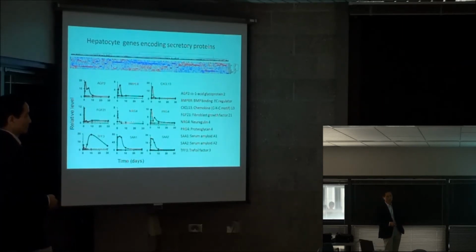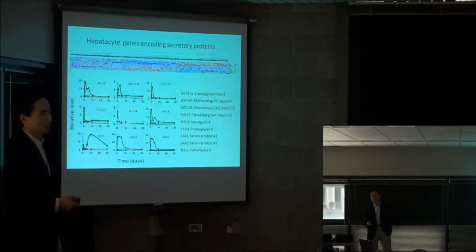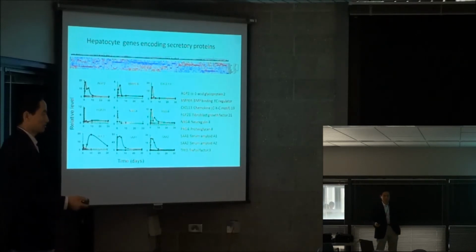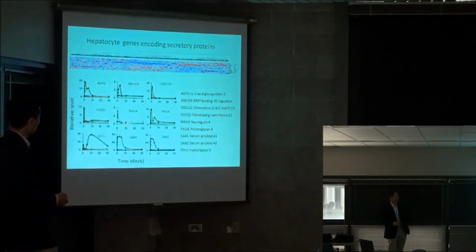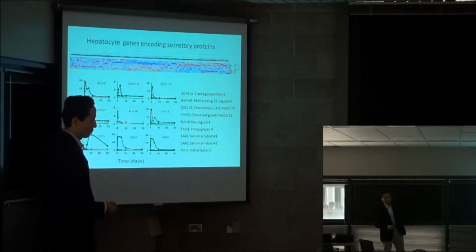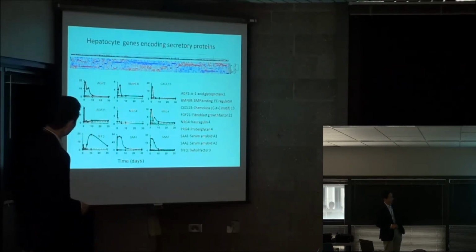The function has not been identified. But what we know, amyloid A1, A2 are bad. They accumulate in organs and form amyloid clusters and aggregates. And they affect the normal function of the cells.